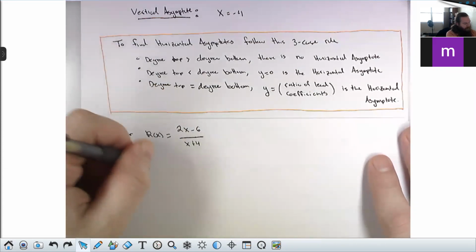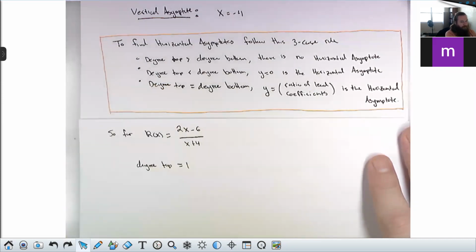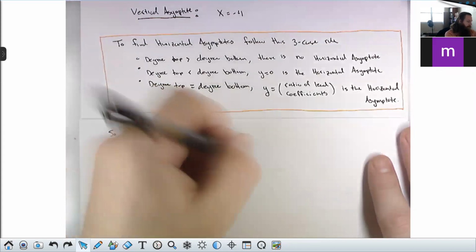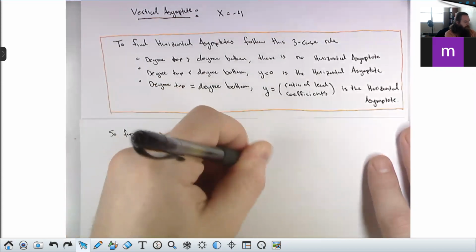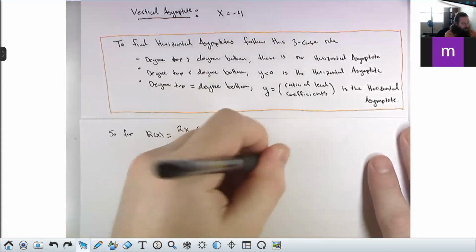So the degree of the top is 1, right? It's a linear function. The degree of the bottom, that's also a linear function. The largest power of x there is x to the 1, so that's also 1.